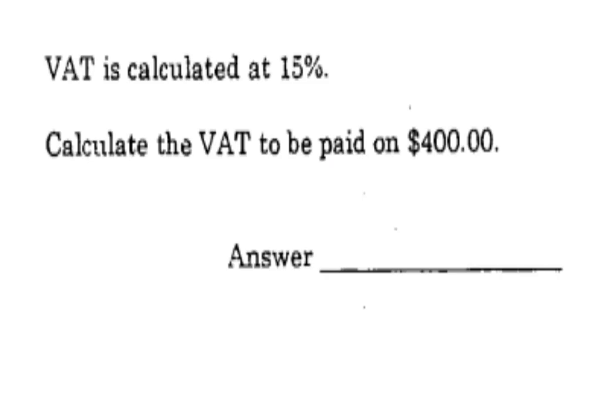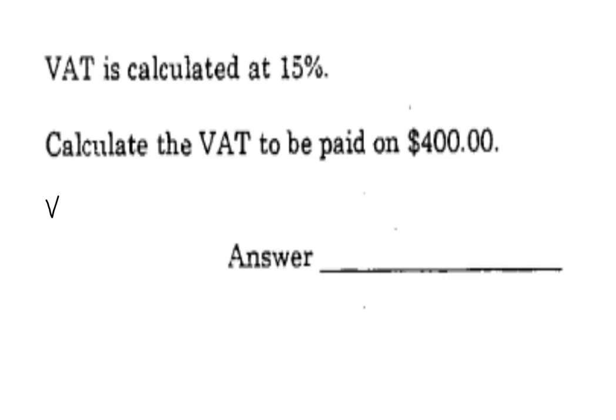When you pay your bill, they're not just going to charge you a flat 400, they could charge VAT at 15%. So let's see how much money they are going to add to your bill because of the VAT. To calculate the VAT to be paid on the $400, we have to find 15% of this total.